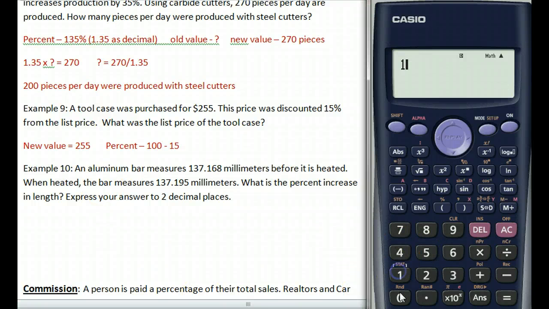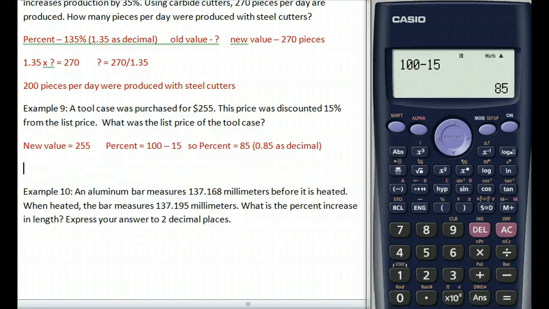So 100 minus 15 is equal to 85. So the percent is equal to 85, or as a decimal, I move the decimal point 2 places to the left, 0.85 as a decimal. Now again, I know my new value, and I want to know what the old value is, which is the whole.